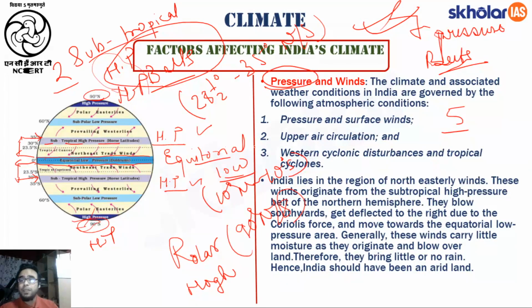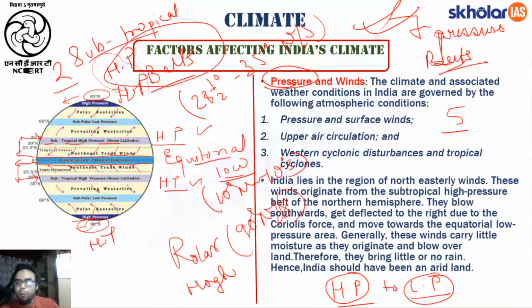Now, always remember, which I have also told you, your air along the surface will always move from high pressure to low pressure area, right? Along the surface of the earth, your wind will always move from high pressure to low pressure. So, from this high pressure polar area, a wind will move in this direction.